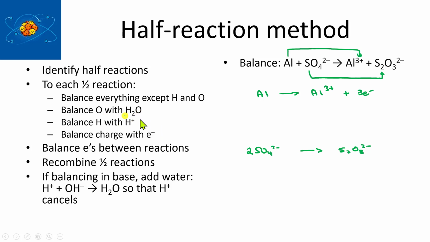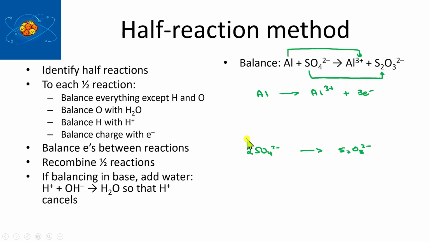We do the H2O first because we're going to add hydrogens. If we did the hydrogens first, we'd have to come back here and add more oxygens as H2O, etc. And you would just go round and round. So we're building up in a process where we do the oxygen and then the hydrogen, and then we'll do the electrons.